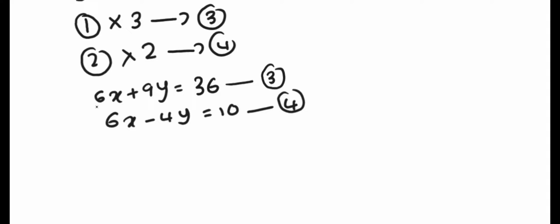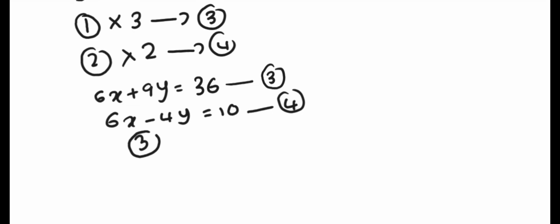So in here, what is the sign of x in both equations? In the third equation it is plus, in the fourth equation also it is plus. So signs are equal, so we need to subtract the equations.